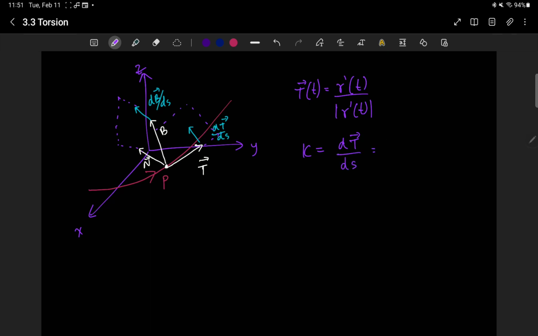It also had other forms, such as T prime over r prime, the ratio of the change in the tangent to the change in position. Then you had the second form, which is the cross product with the second derivative form.